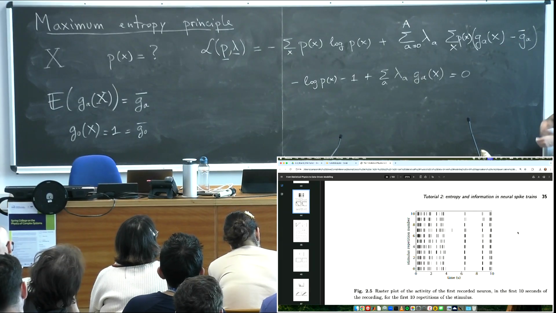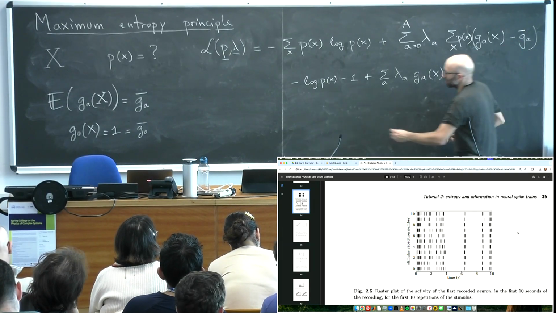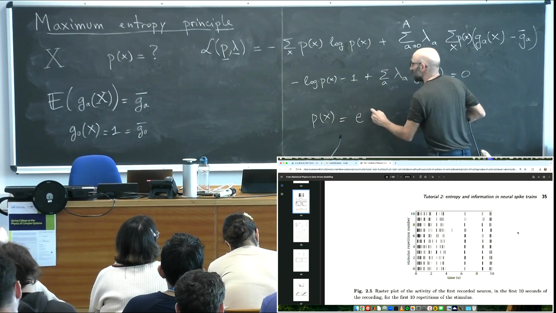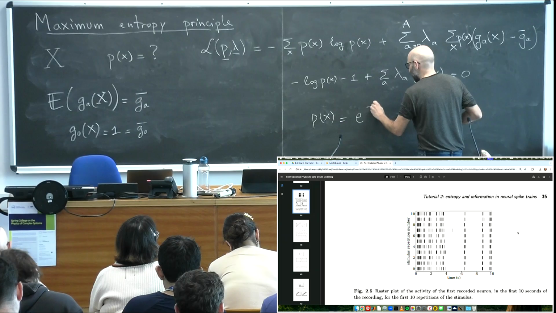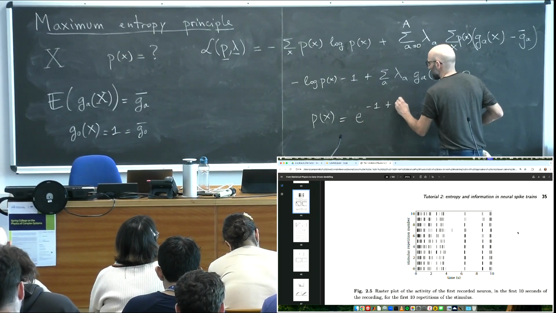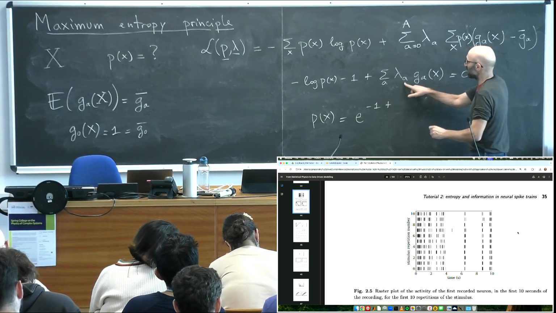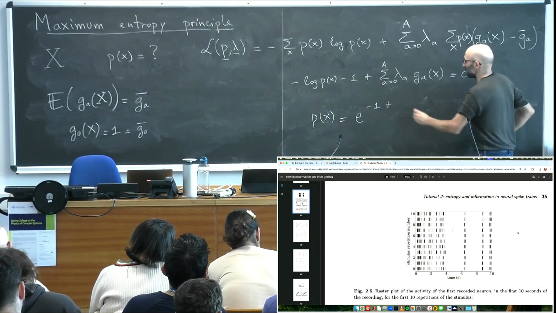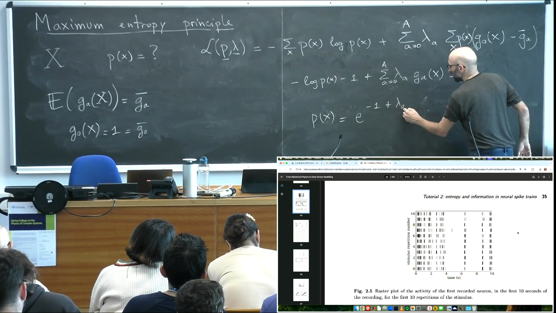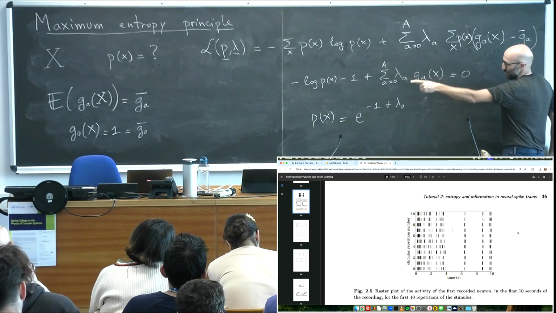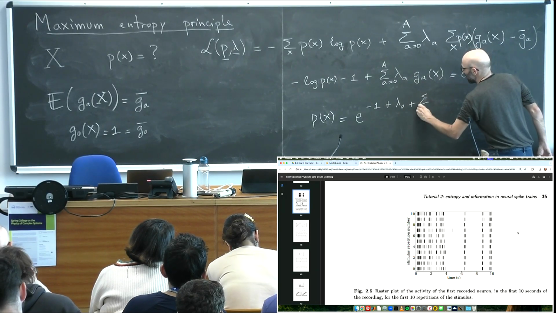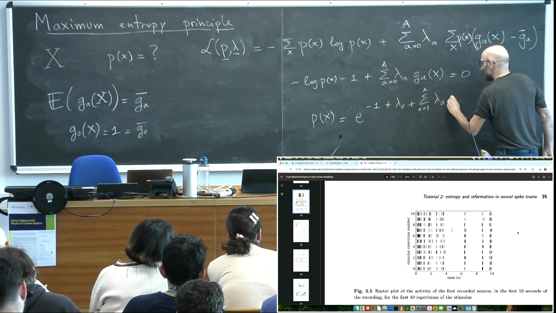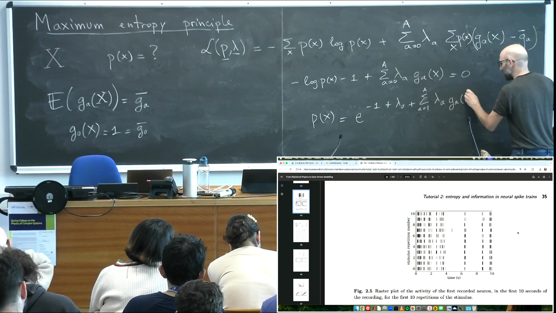So again, the distribution p of x that maximizes the entropy is an exponential of minus 1 plus, now I write it explicitly here, the sum is from 0 to A, but we can bring the 0 term outside, so we get minus 1 plus lambda 0 times g0, that is 1, plus the sum from 1 to A of lambda a g_a of x.